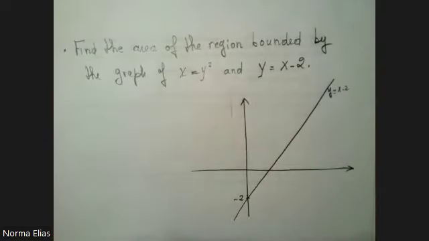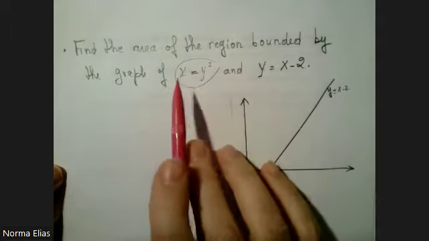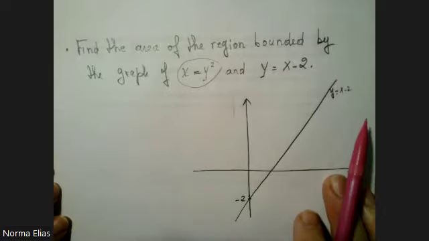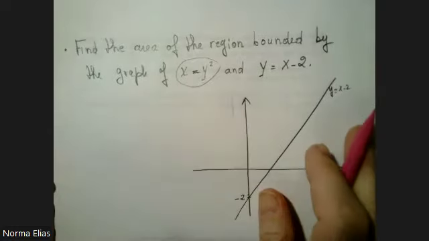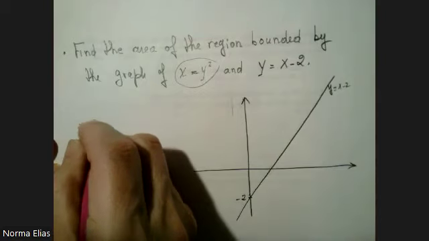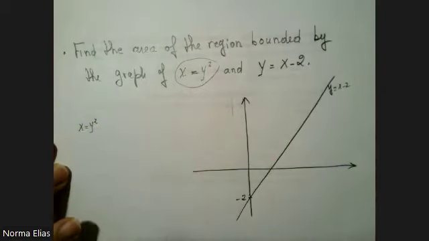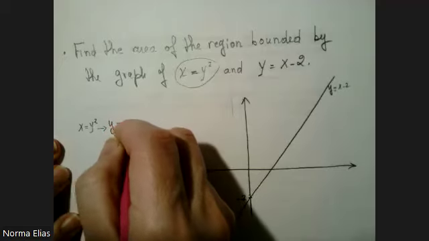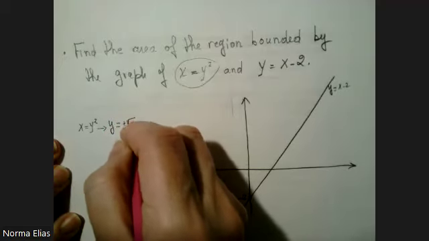Okay? Then x equal y squared. Be careful here, I'm giving you x in terms of y squared. So what's the graph of x equal y squared? Can't you rewrite it as y equals plus or minus the square root of x? Exactly. So this is going to give me y equal plus or minus the square root of x.